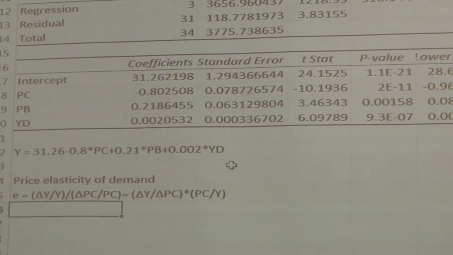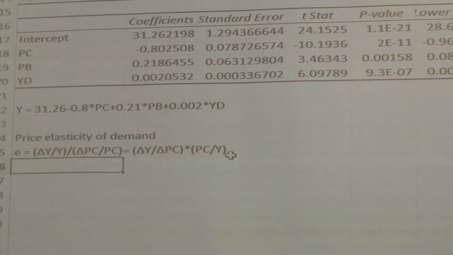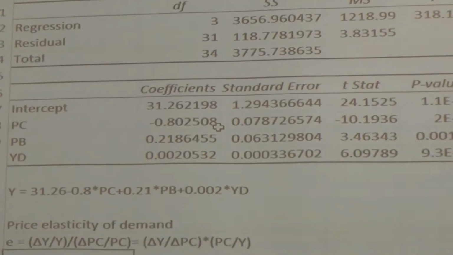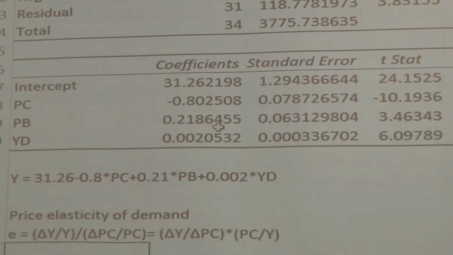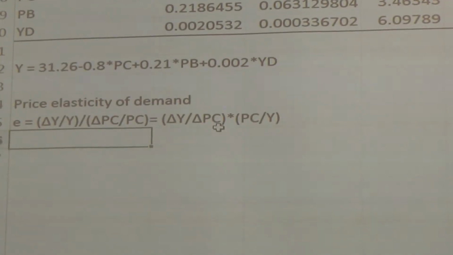Because the demand we have is a linear demand, it's a straight line, the elasticity is going to depend on which position we are on the straight line.